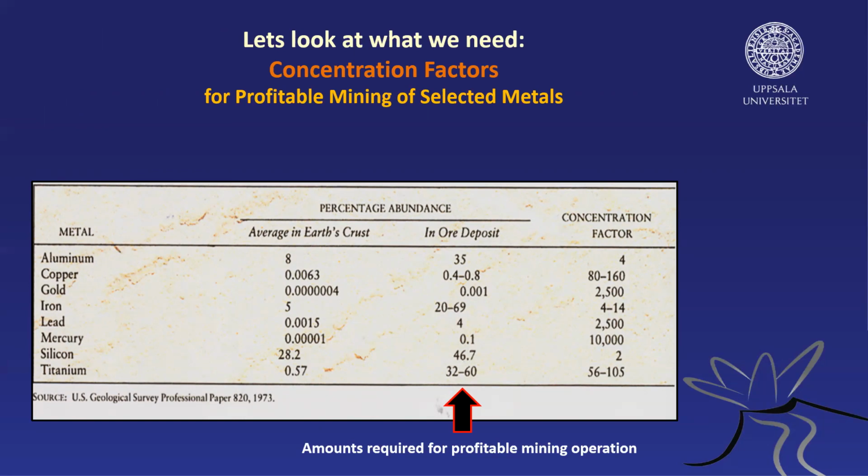Basically, what we do is to look at the average composition of Earth's crust here, and you have different metals and elements, and that's the concentration in Earth's crust in percentage.